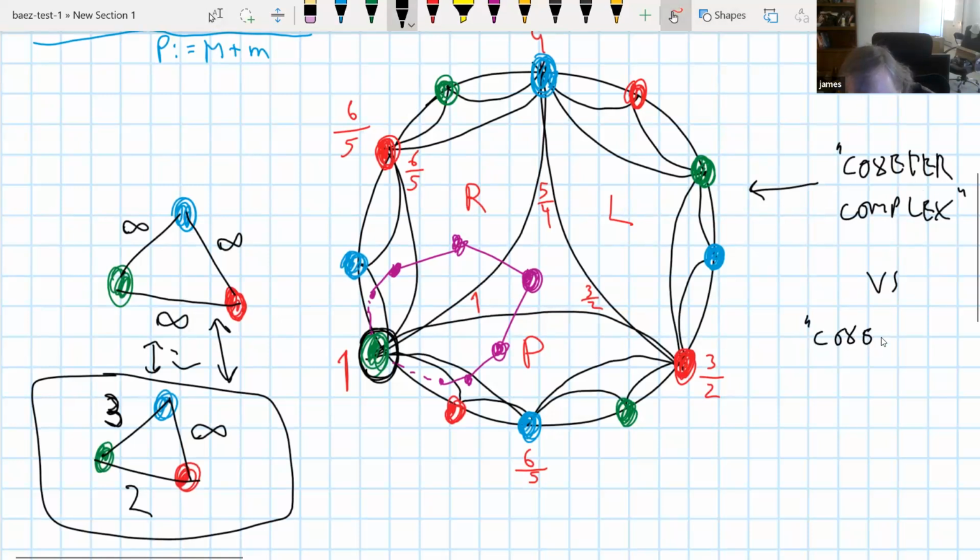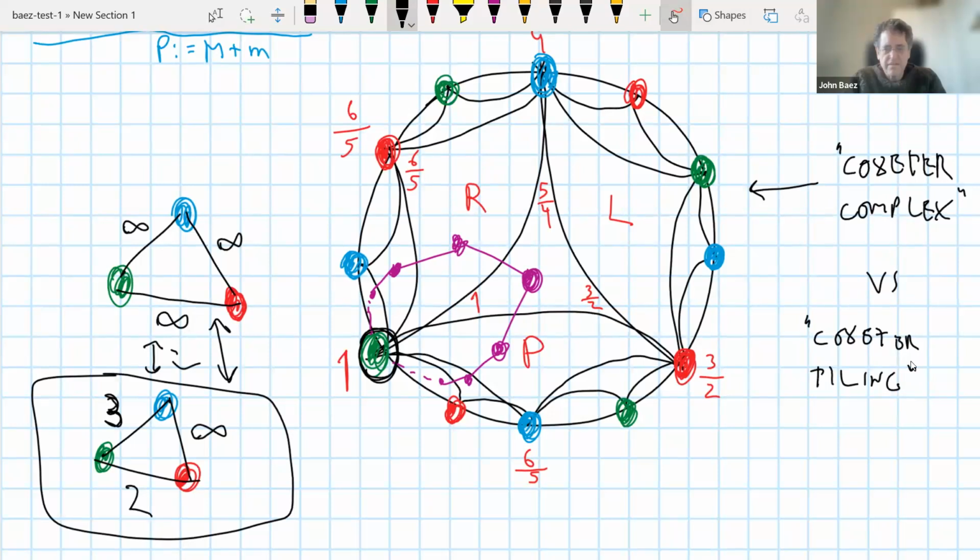Coxeter tiling. What I call a Coxeter tiling is any way of wrapping up the Coxeter complex in a combinatorial way, but that still has the color consistency condition.